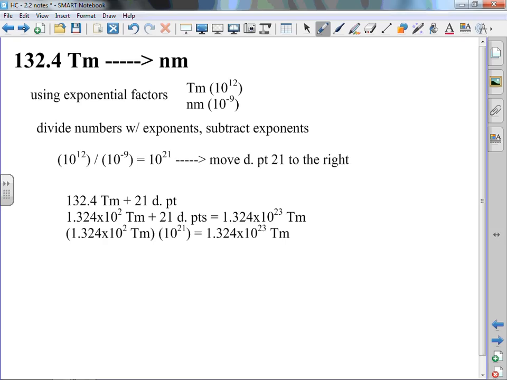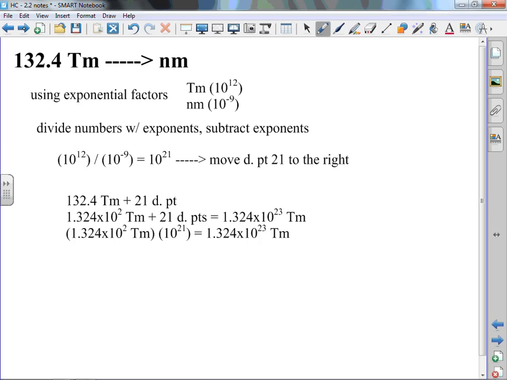The last thing I'm going to show here is just briefly how you can use the exponential factors to do this. 132.4 terameters down to nanometers. Using exponential factors, the value for terameters is 10 to the 12th. The value for nanometers is 10 to the minus 9th.